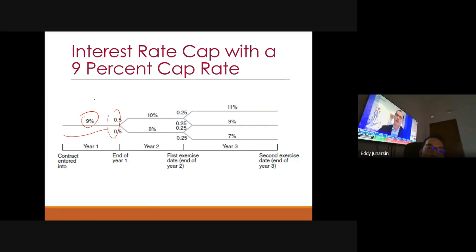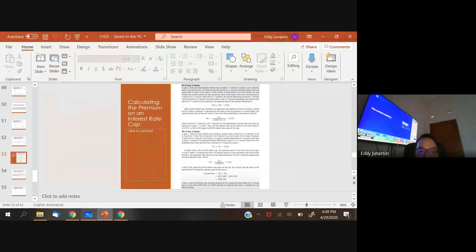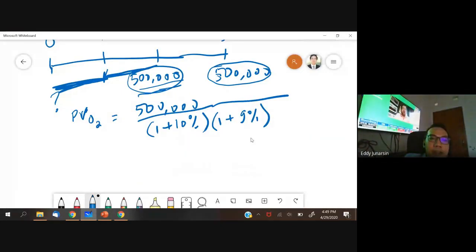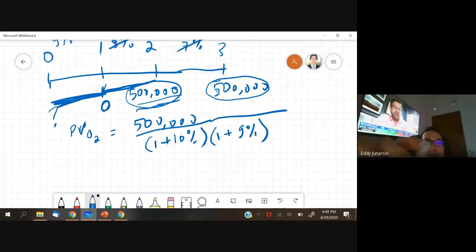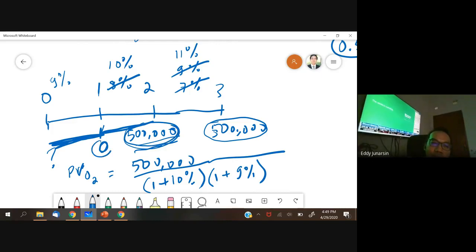You cap it at 9% and the interest rate is 9%, so there's no value. If you have a question why we don't do anything with the first year, the value would be zero because the interest rate is 9% and the cap rate is also 9%. So it's 500,000, 500,000, and zero.